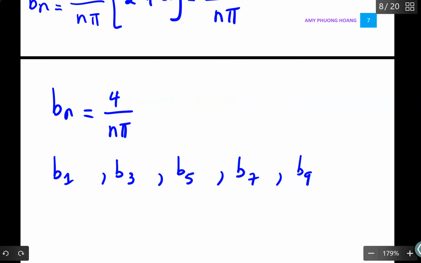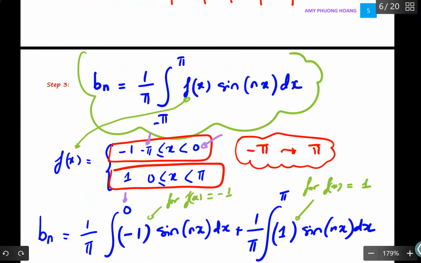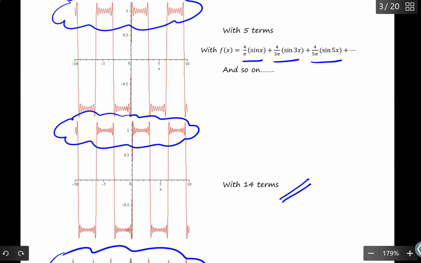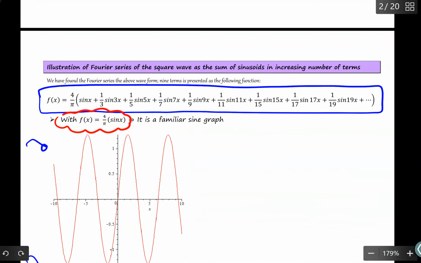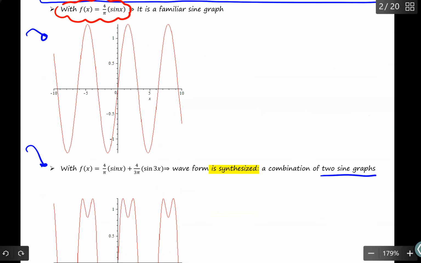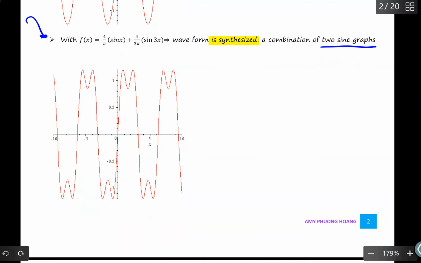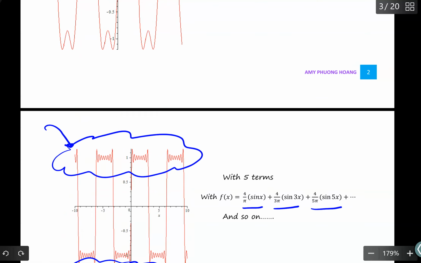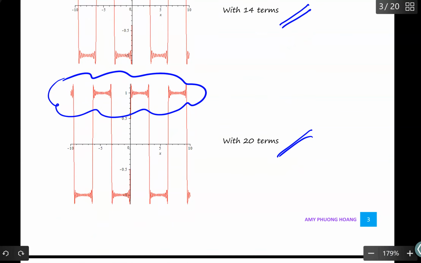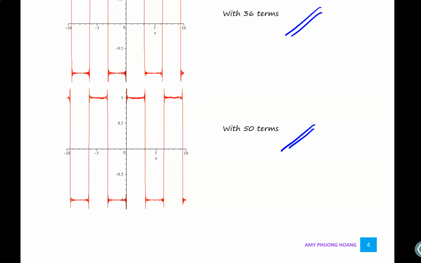Just to remind everyone what we have done in the previous video, we had the introduction to our square wave. The Fourier series of a square wave consists of the sum of all the sinusoids, and we got one wave, the addition of two waves, 5 terms, 14 terms, 20 terms, 26 terms, 36 terms, until we get 50 terms.